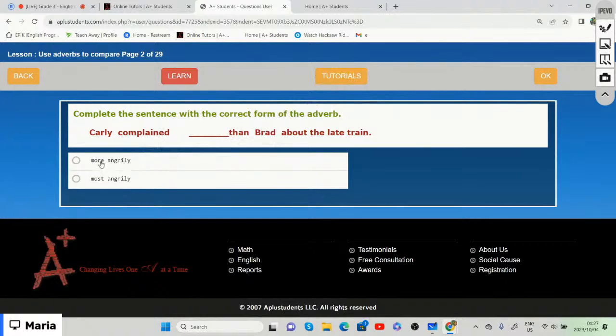We put more in front of that word. Since it's a comparative, because we're only comparing two people or two actions, we say Carly complained more angrily than Brad about the late train.